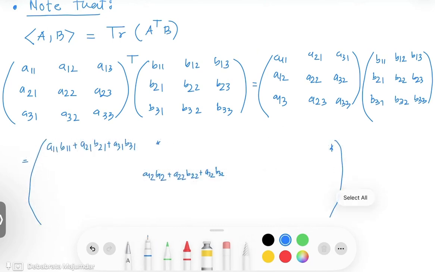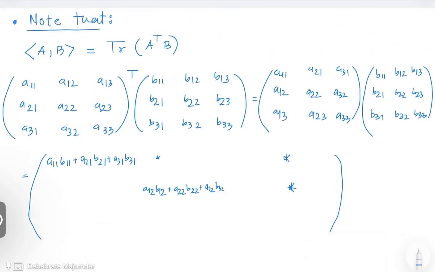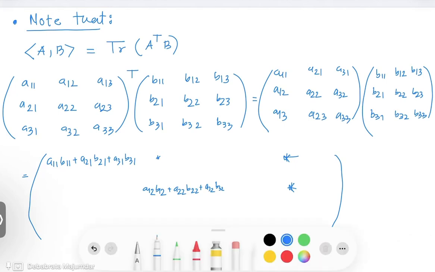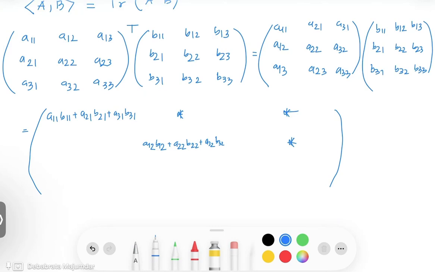Now I am writing the last position element. Okay, what is the last position element? Basically this is this into this. So A13 B13, A23 B23, A33 B33.